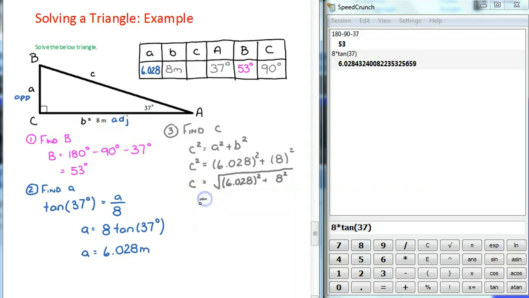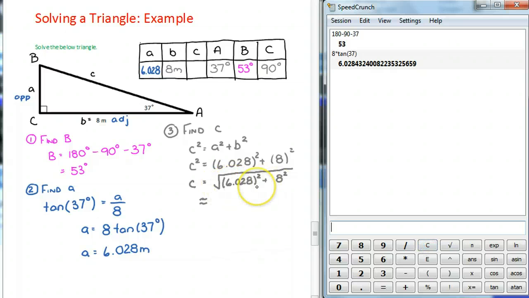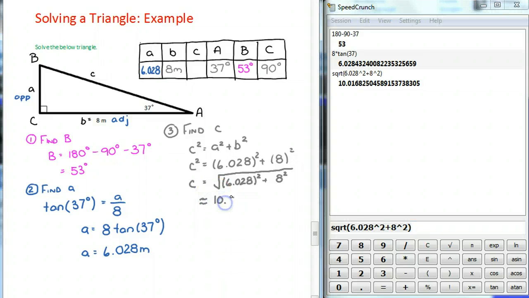So C is approximately equal to, and I would recommend, see if you can type this in your calculator in one step. So we're going to take the square root of 6.028 to the power of 2 plus 8 to the power of 2, and then I'm going to close that bracket, and I get a value of 10.017, approximately, 10.017 meters, which I feel pretty good about.